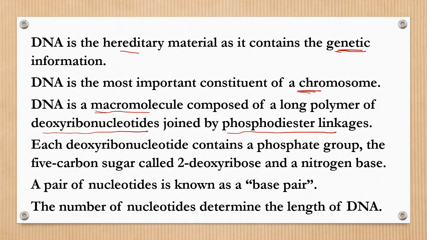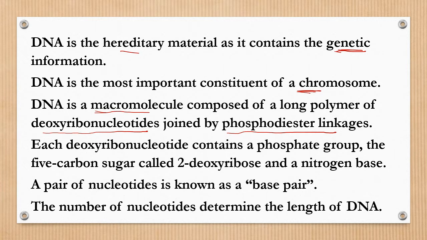Two nucleotides are joined by phosphodiester linkages and form a long chain that we call a polymer, a nucleotide polymer. Polymer means many nucleotides joined by phosphodiester linkages to form a macromolecule.